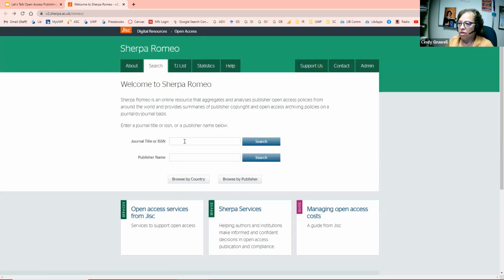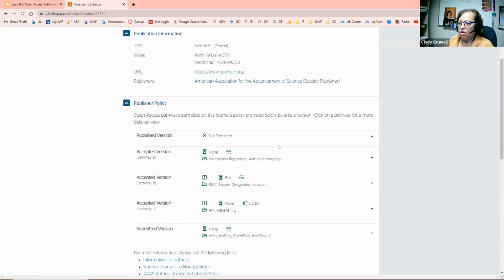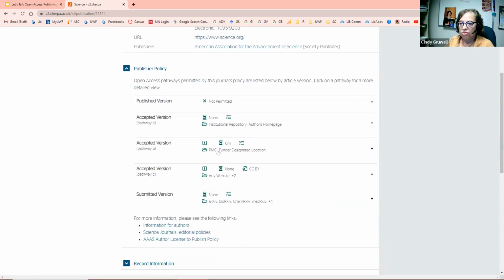If I were to look at something like Science, which we all know is a major science journal, their policy is going to be quite different. Their published version is never permitted to be posted. An accepted manuscript can go into an institutional repository, like here at the university, or on the author's homepage.